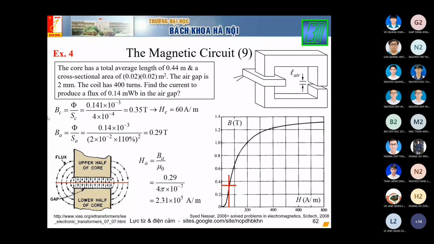Okay, so do you have any problem, any question for this? Is this okay? For the air gap, please notice that the relationship between H and B is very simple. B is mu0 H, so we don't have to use the curve here to find H from B and vice versa.